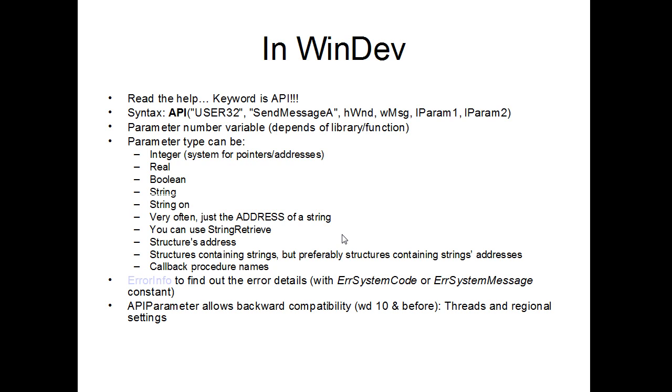But basically it's how the threads are managed, because before WinDev 10 the threads were blocked while an API call was made, because most of the API calls were considered to be mono-thread, which is not the case anymore by default. And regional system settings.